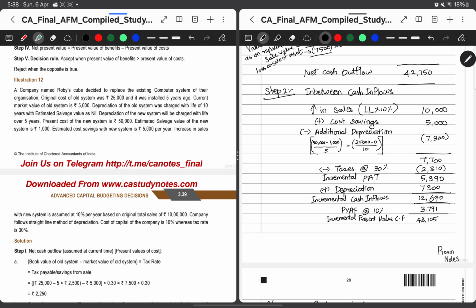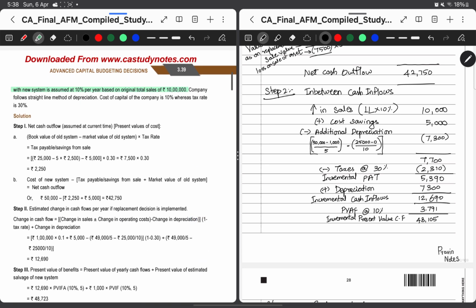Then going further, in between cash flows, there is either an error, because they have given increase in sales with the new system is assumed 10% per year based on original total sales of 10 lakh. But if you take the solution, they have considered 1 lakh into 10%, which seems wrong.